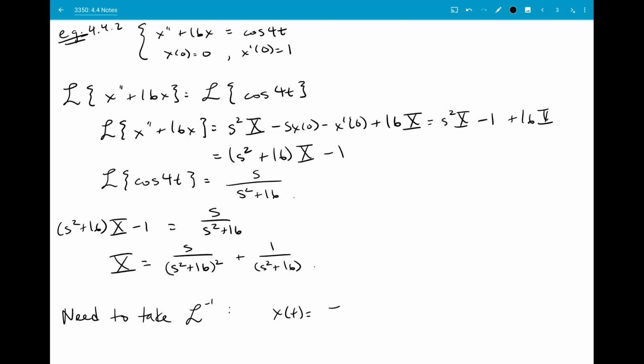So little x of t would be L inverse of s over s squared plus 16 squared plus 1 over s squared plus 16. We'll continue that on the next slide.